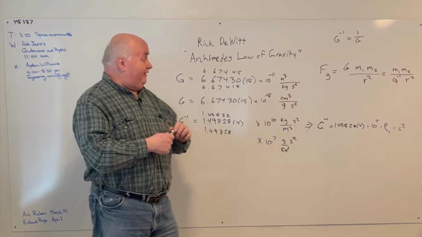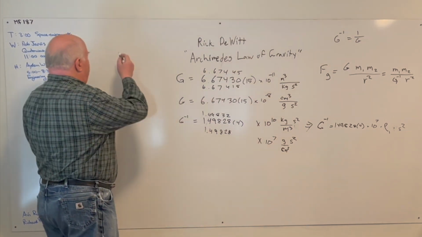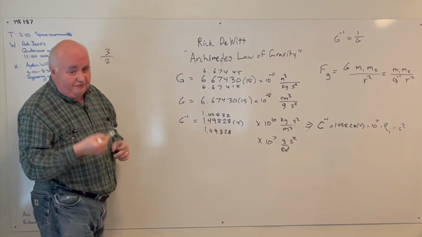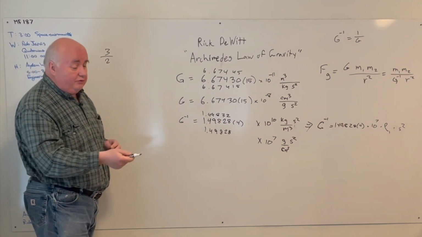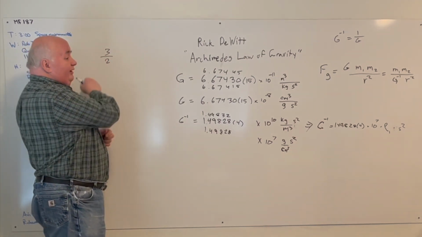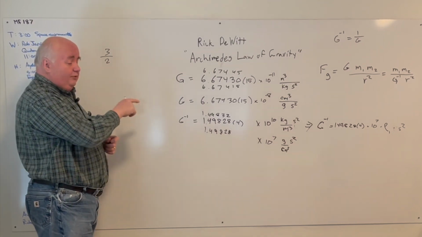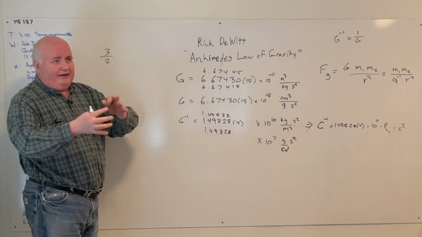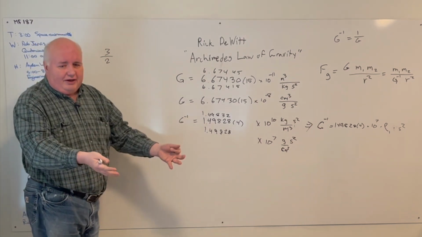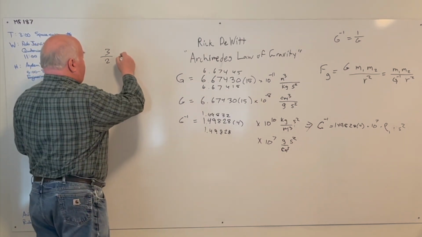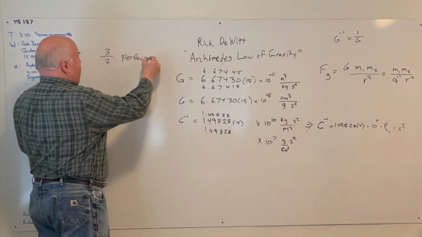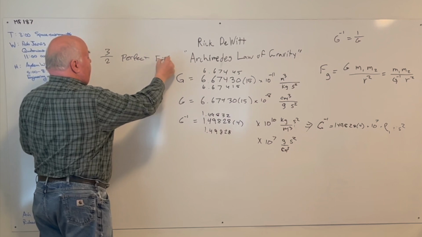So 3 halves, for example, a frequency ratio of two different frequencies, two different notes, one of them singing 3 times the frequency and the other one singing 2 times the frequency. If their frequency ratio is 3 halves, it's called a perfect fifth.